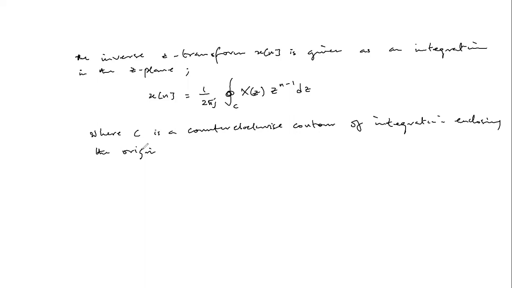Okay. Now, let's talk about the region of convergence. Notice that we talk of the Z-plane, while in Laplace transform, we talk of the S-plane. So the region of convergence on the Z-plane is the region where the Z transform is finite.